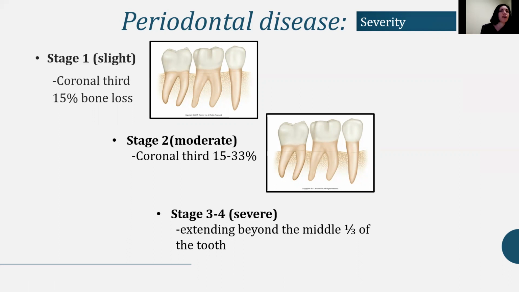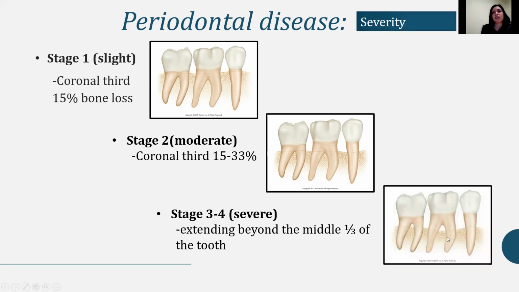Then you're like, well, that's clearly a 4. But sometimes it's harder to determine between the two. But this is bone loss extending beyond the middle third of the tooth. So we have our middle third in here, and it's extending beyond that. You can see there's definite furcation involvement, and we're almost getting down to roughly 50% bone loss.